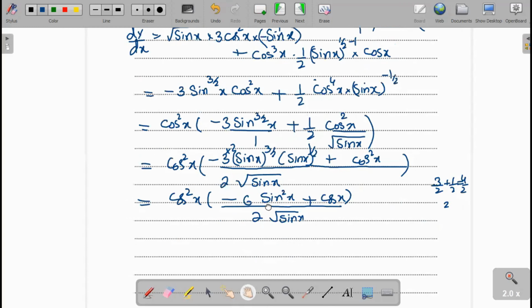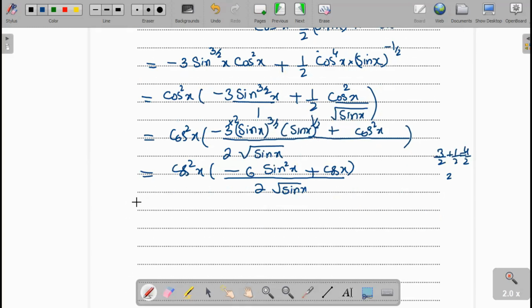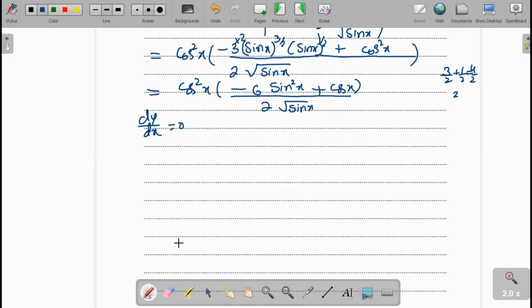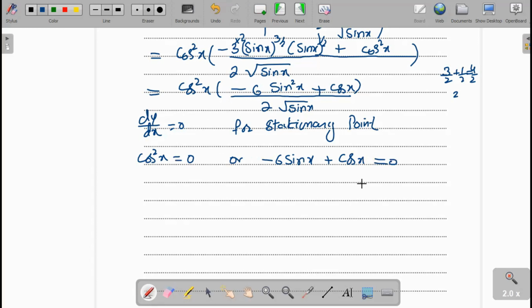Now to find the stationary point, we take dy over dx equal to 0. Here we see that this expression will be equal to 0 when cos squared x equal to 0 or minus 6 sin squared x plus cos squared x equal to 0.